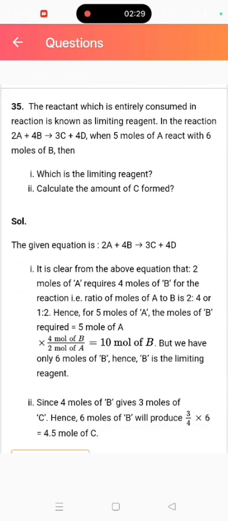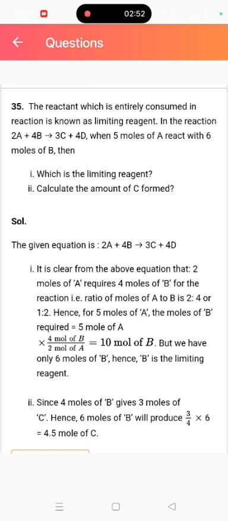Now in this question, the reactant which is entirely consumed in a reaction is known as the limiting reagent. In the reaction 2A plus 4B gives 3C plus 4D, when 5 moles of A react with 6 moles of B, which is the limiting reagent, and calculate the amount of C formed.